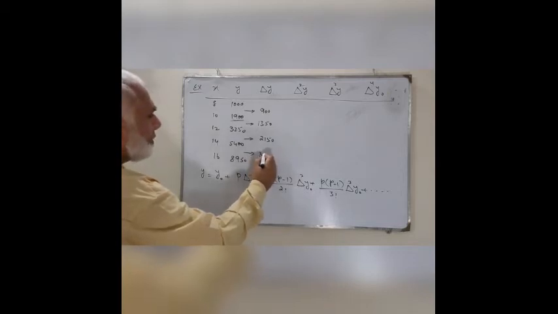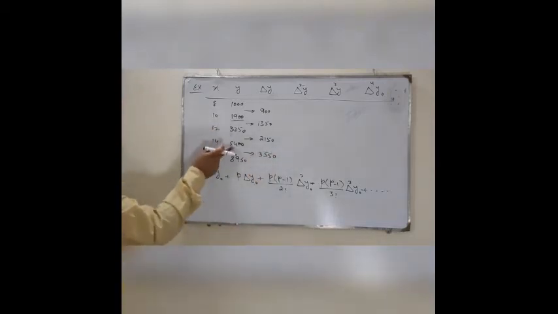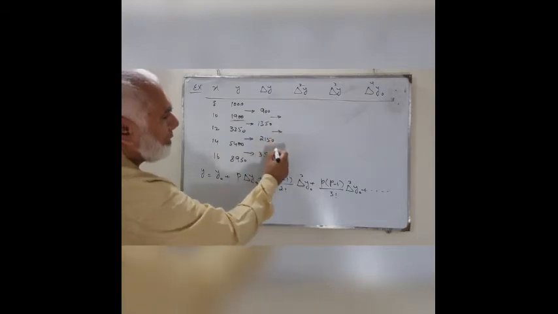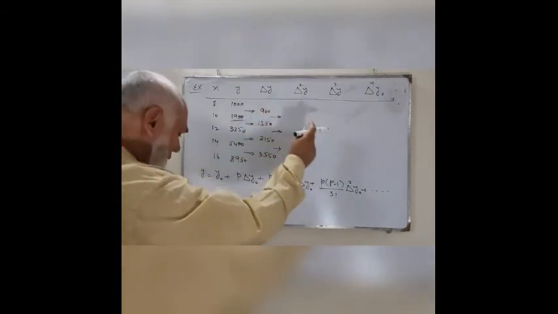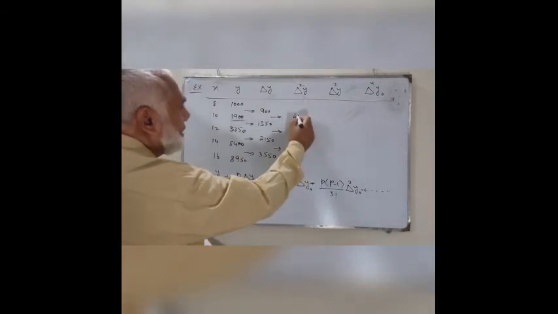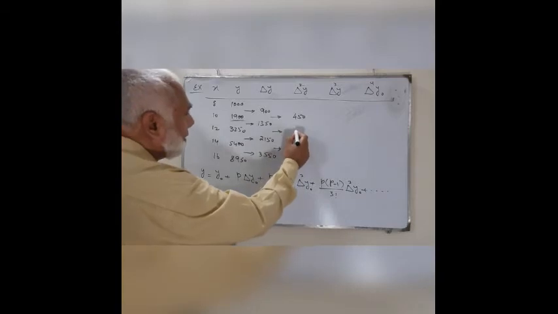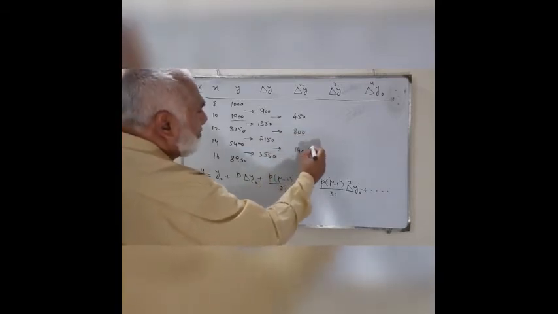The next is 3550. Next minus previous, next minus previous, next minus previous, and we got this. You have to proceed on the same pattern for the second order of difference. Next minus the previous gives you 450 here. The next, this minus this, gives you 800, and the next is 1400.